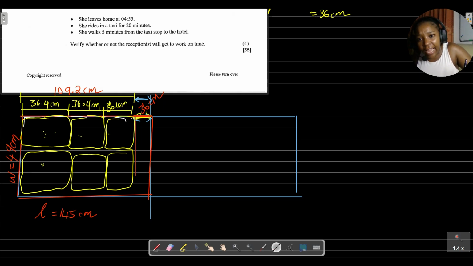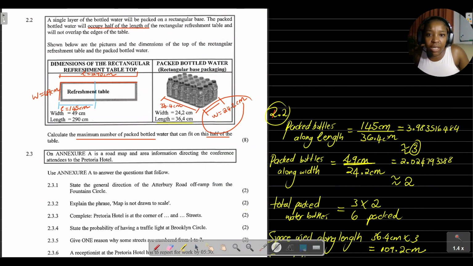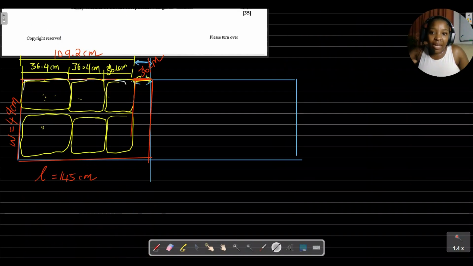The width of the packed water bottle is 24.2 centimeters, but I've got 36 there, so I can fit it in. And then the length of 36.4. So I can fit one more packed water bottle in that space.